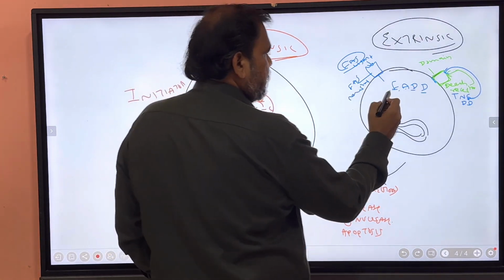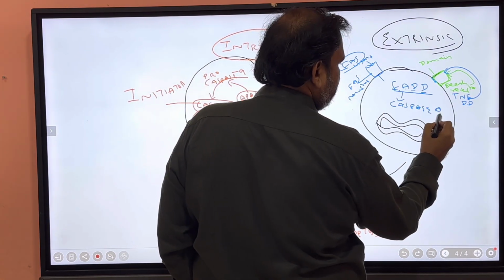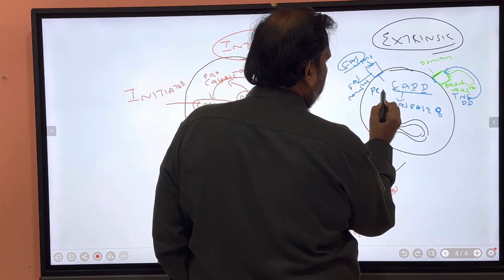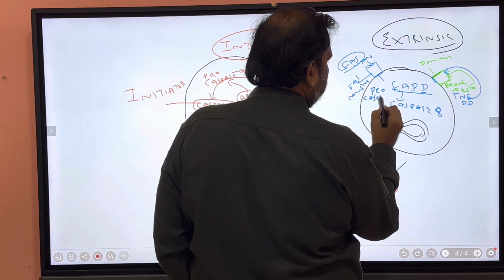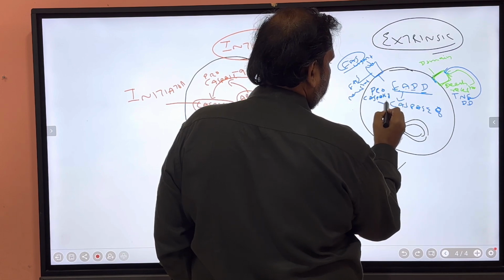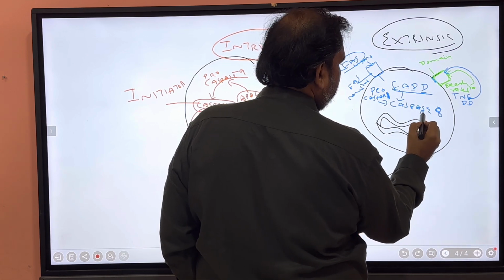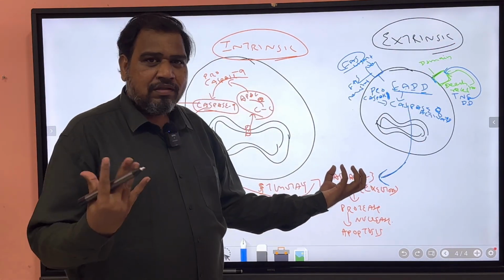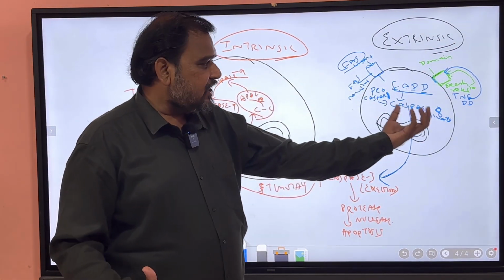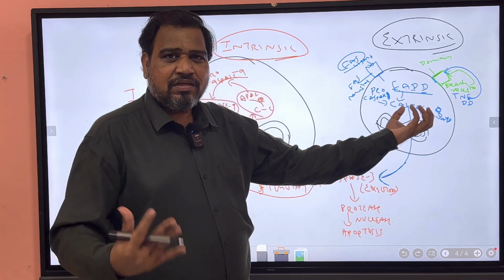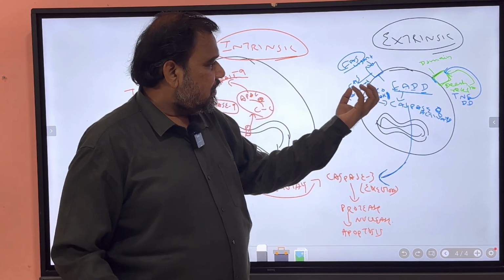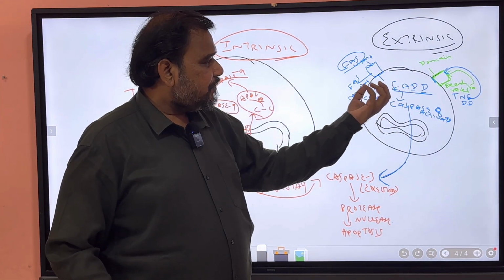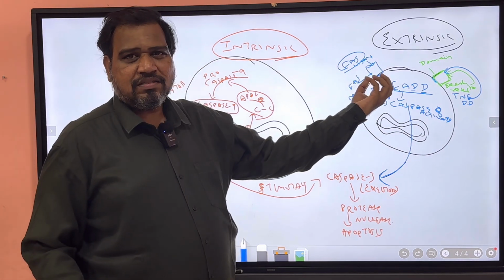Now what happens? Because this is activated, caspase 8 is activated. So pro-caspase 8 is converted to activated caspase 8. So in the extrinsic pathway, for caspase 3 to be activated, I need caspase 8. But for caspase 8 to be involved, this FAS has to bind with FAS receptor.